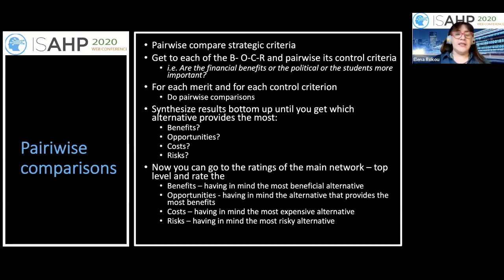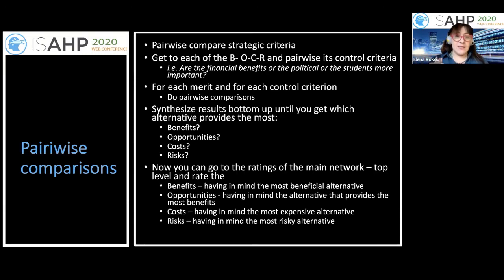When you have finished with the rest of your model, you are going to create a top level ratings model where the strategic criteria will be the columns of that ratings model, and the benefits, opportunities, cost, and risk will be the alternatives, the rows of the model.